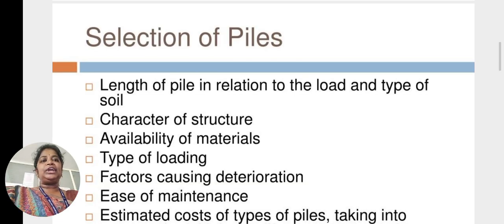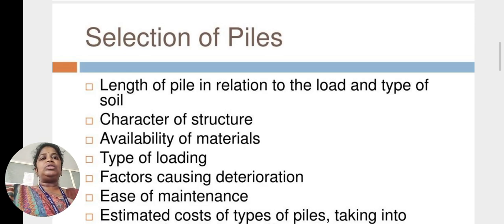And coming to the selection of pile, length of pile in relation to the load and type of soil. So piles are selected based on the length of pile required in relation to the total amount of load that is to be carried, and also upon what type of soil the construction is being done.